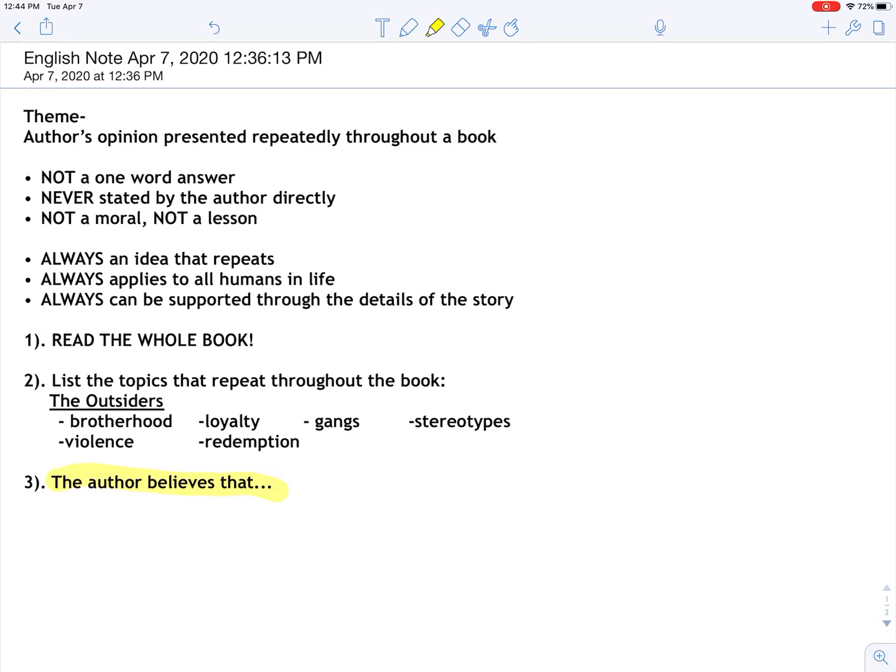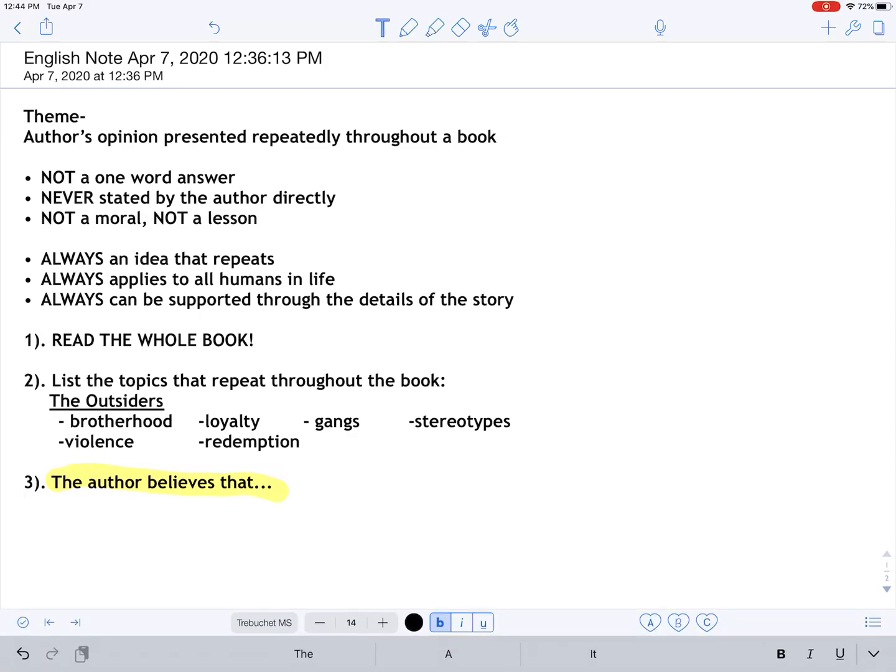So your classmates in the Google Meet came up with the idea that for brotherhood, the author believes that brotherhood doesn't just exist between actual blood brothers.